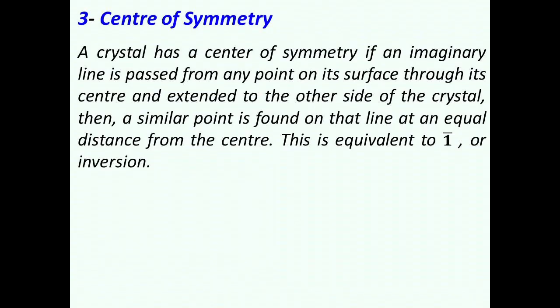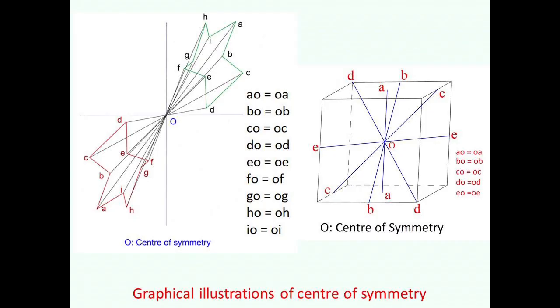3. Center of symmetry. A crystal has a center of symmetry if an imaginary line is passed from any point on its surface through its center and extended to the other side of the crystal, then a similar point is found on that line at an equal distance from the center. This is equivalent to 1 bar or inversion.